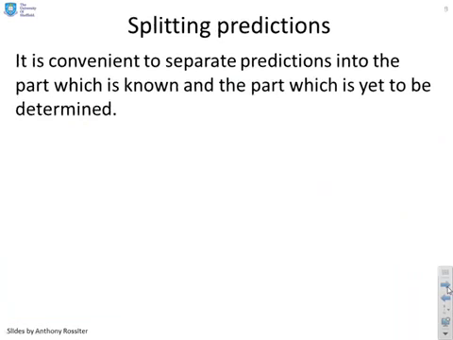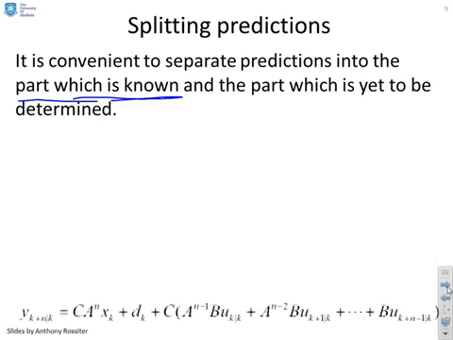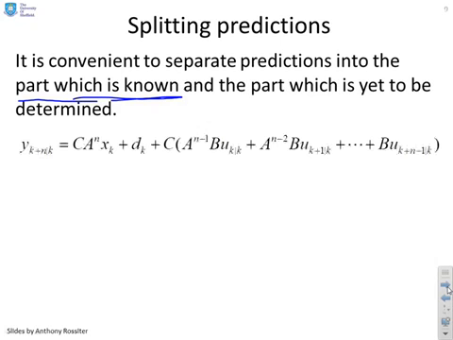Next, what we want to do then is separate the predictions into the part which is known, so that's based on past or measured data, and the part which is yet to be determined, which will be based on the future inputs you haven't decided yet. Now that's relatively straightforward.